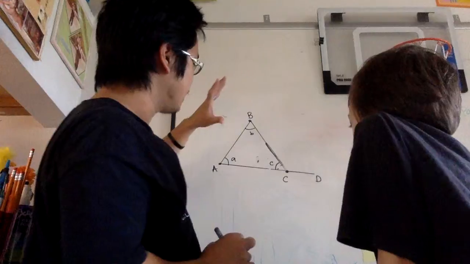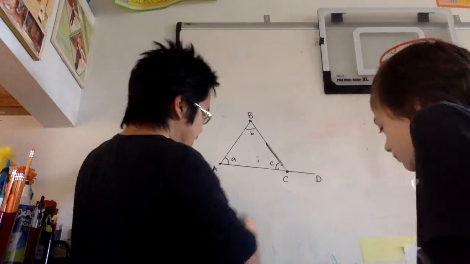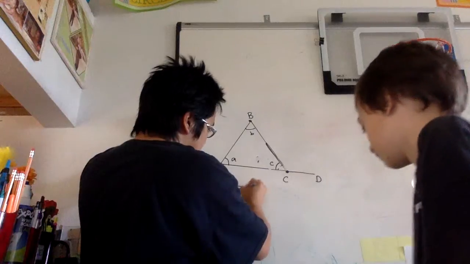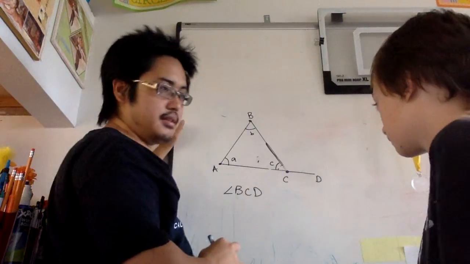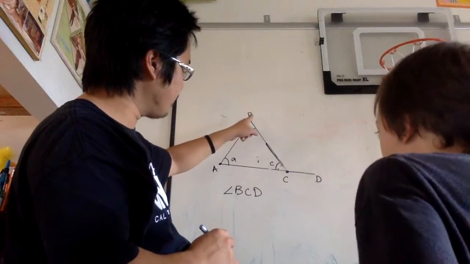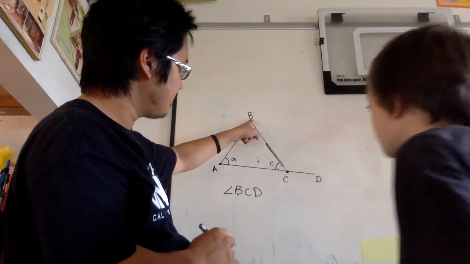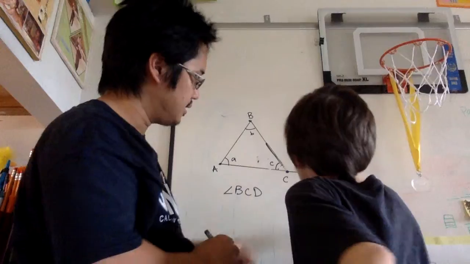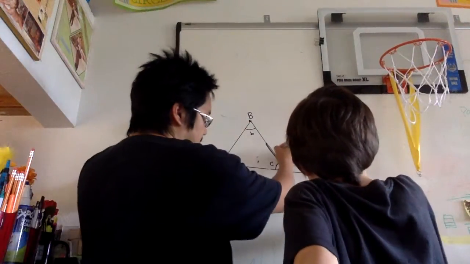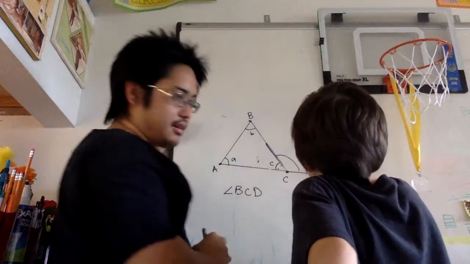So what we usually say is angle B, C, D. So follow your line. Follow with your finger from B to C to D. B, C, D. So which angle are we talking about? This one right here. That angle.